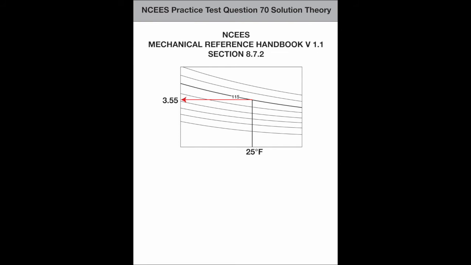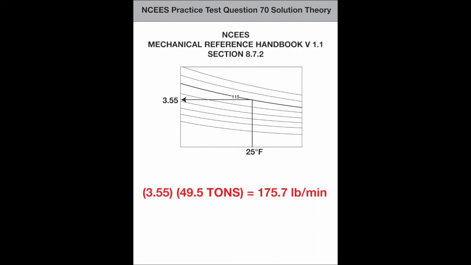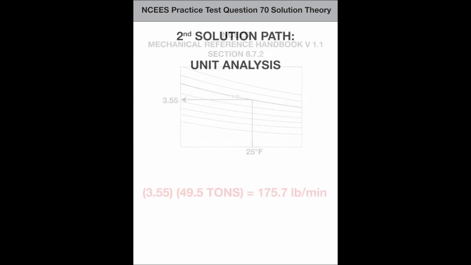The y-axis label indicates 3.55 must be multiplied by the tons of refrigeration to give the operational flow rate. 3.55 times 49.5 tons of refrigeration equals 175.7 pounds per minute.